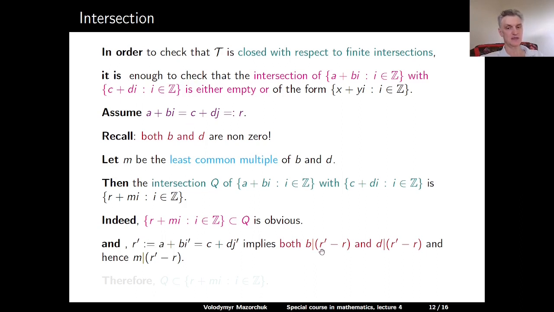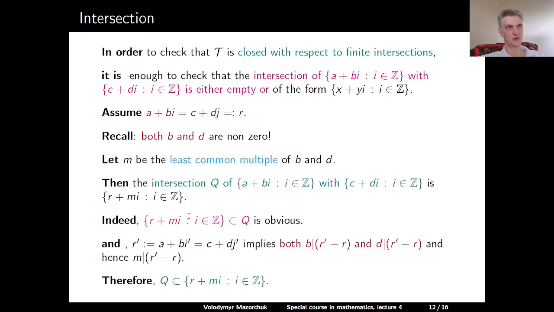So b divides the difference between r prime and r. And similarly, d divides the difference between r prime and r. And this means that m must divide this difference. And so this means that our intersection is a subset of the set of the form r plus mi where i is in Z.